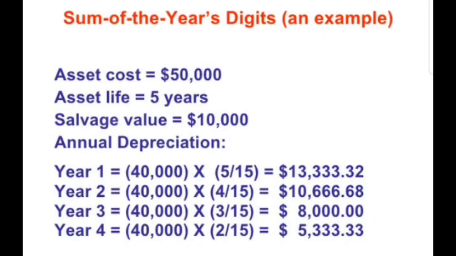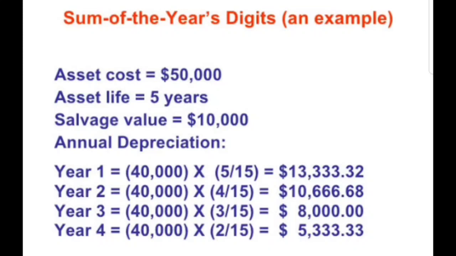Now we know that 15 is the sum of the years, it is the total factor, and 5 indicates that the asset is left over for the next 5 years. Then we shall have 13,333.32 depreciation for the year.